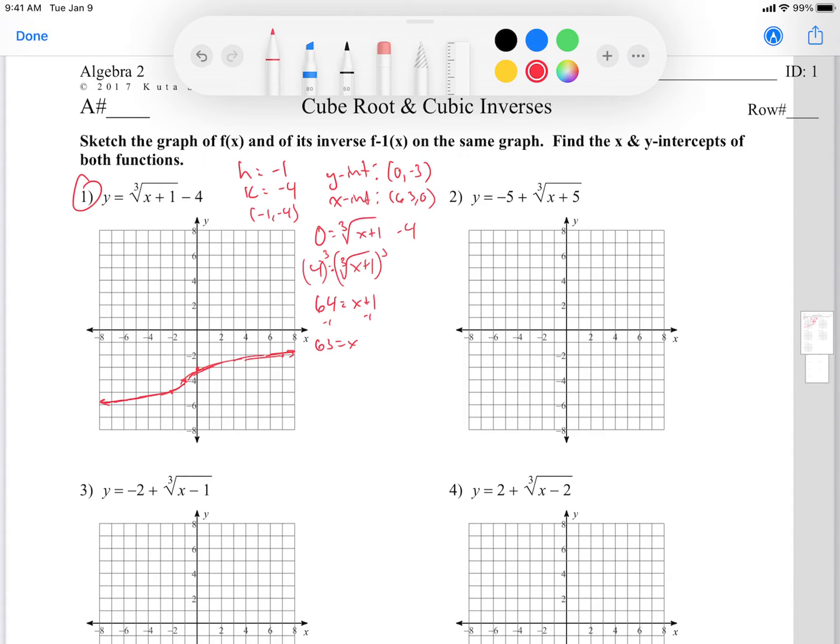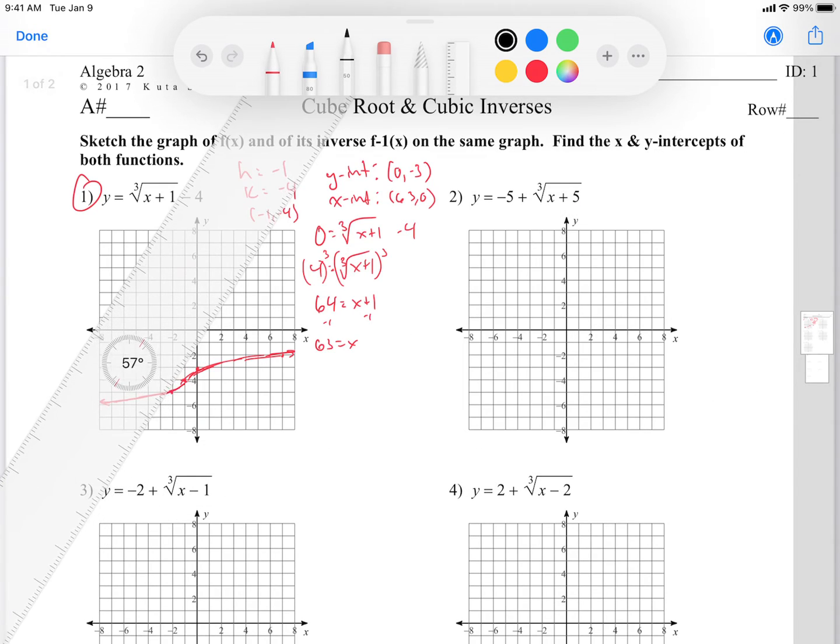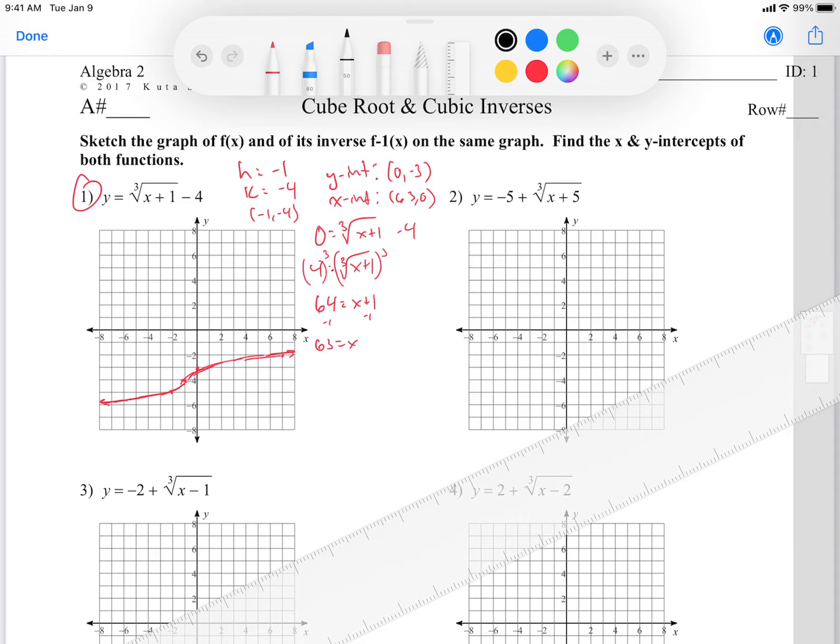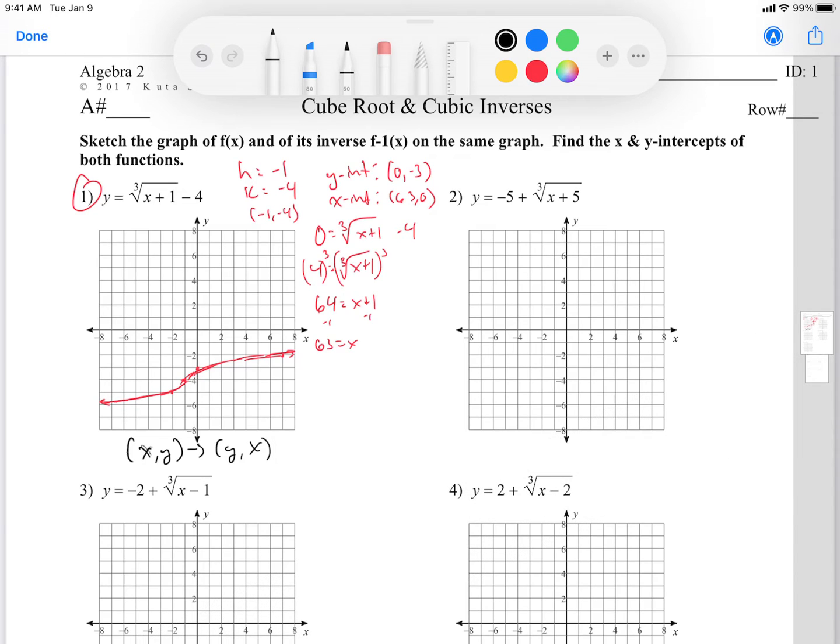But instead, again, I want you to use that trick of just reflecting this thing along the line y equals x, or more specifically, use the transformation, xy goes to yx, meaning that for my next graph, for example, the y-intercept, 0, -3 goes to -3, 0.